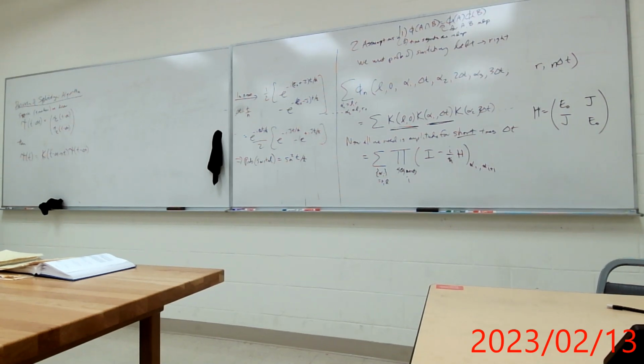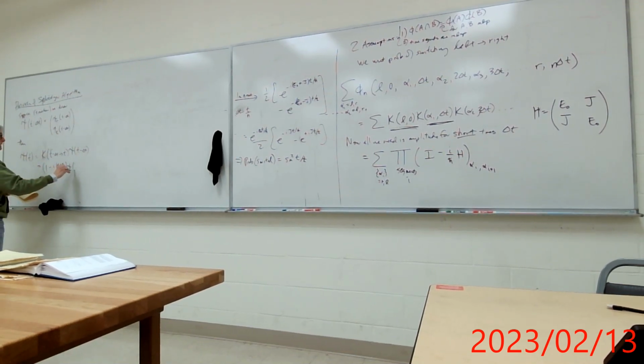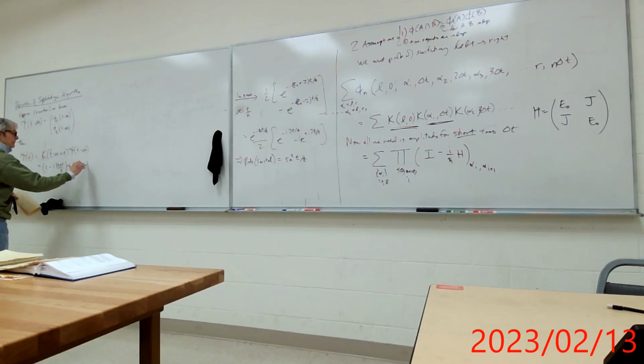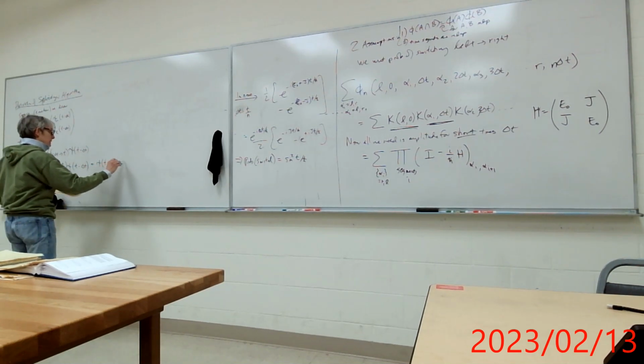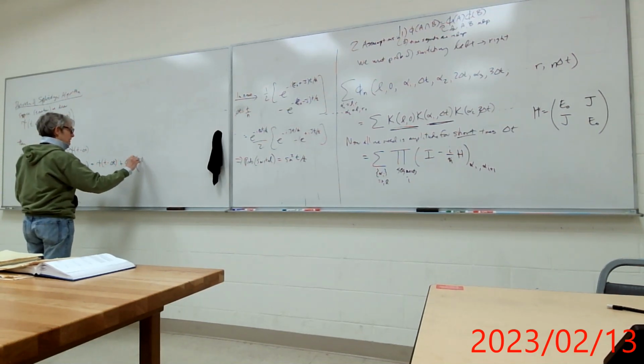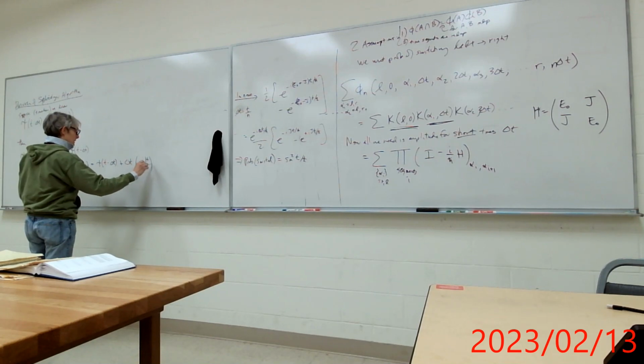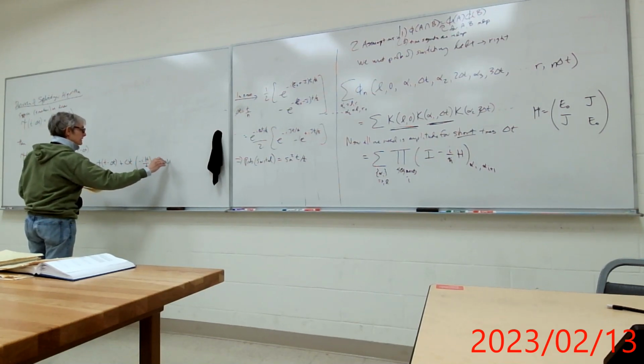So if delta t is small enough, we get a differential equation for psi. In other words, this is equal to 1 minus i H delta t over h bar times psi of t minus delta t, which is psi of t minus delta t plus delta t times minus i H over h bar psi of t minus delta t.